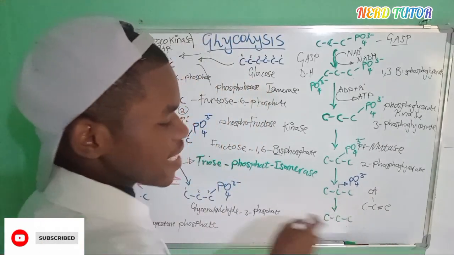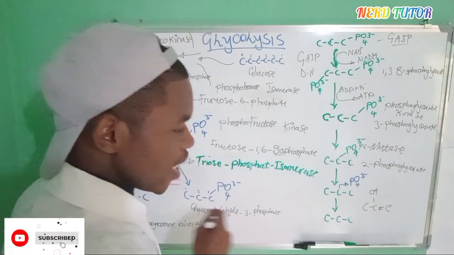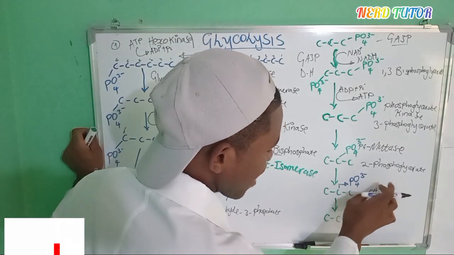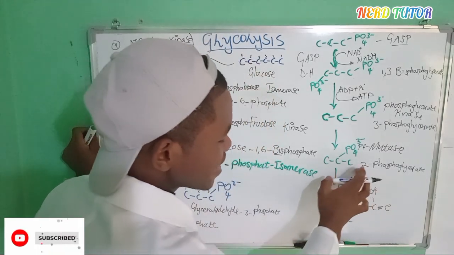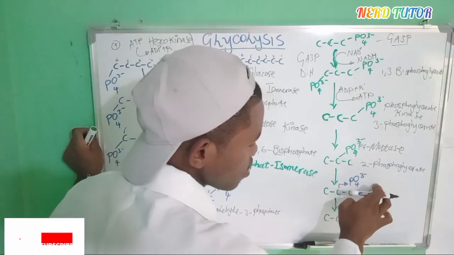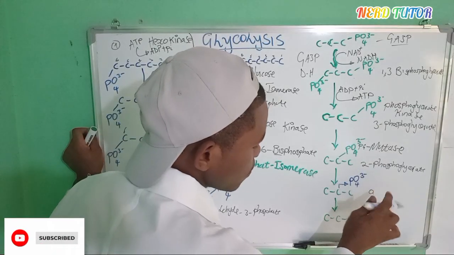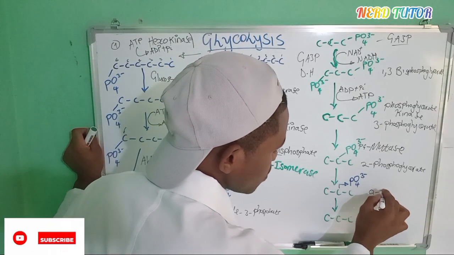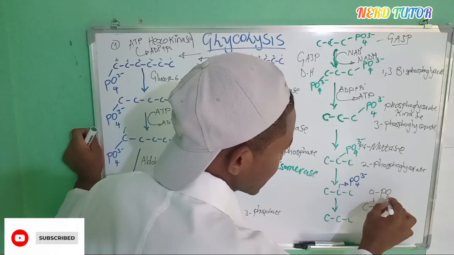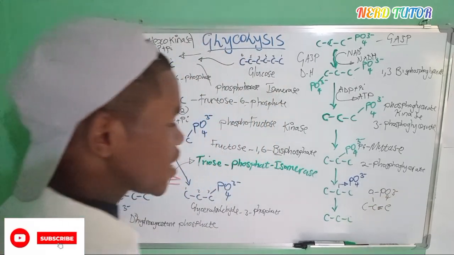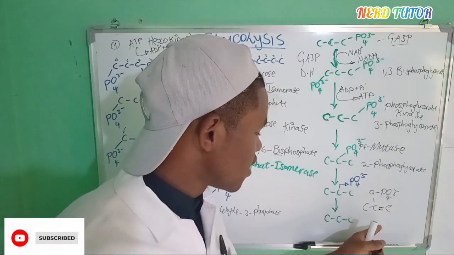But in this case, what is happening is different. Where we are supposed to have an alcohol, we are going to put a phosphate group. So this one will be attached to a phosphate group like that. Have you seen what has happened here? Nothing has changed.